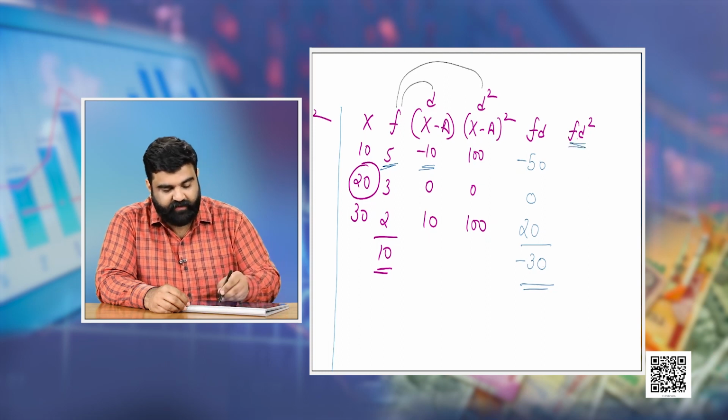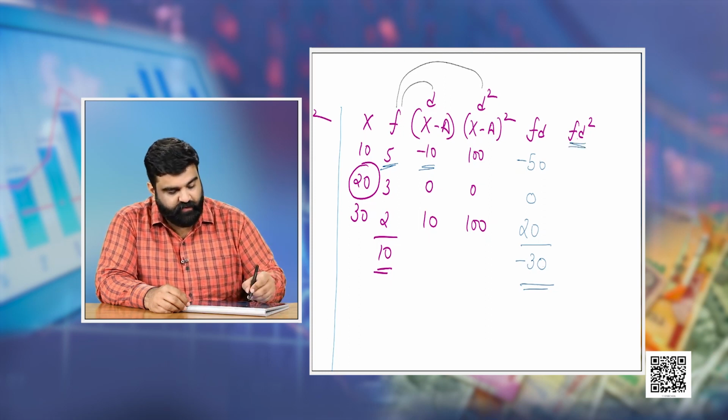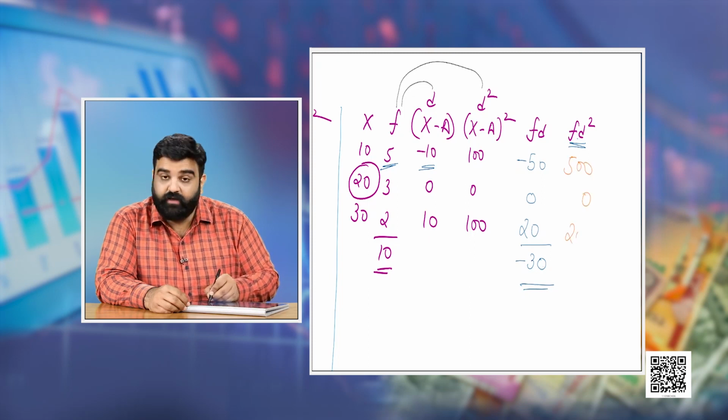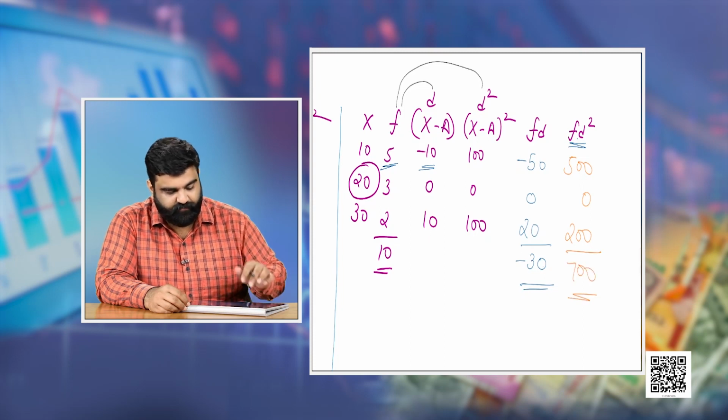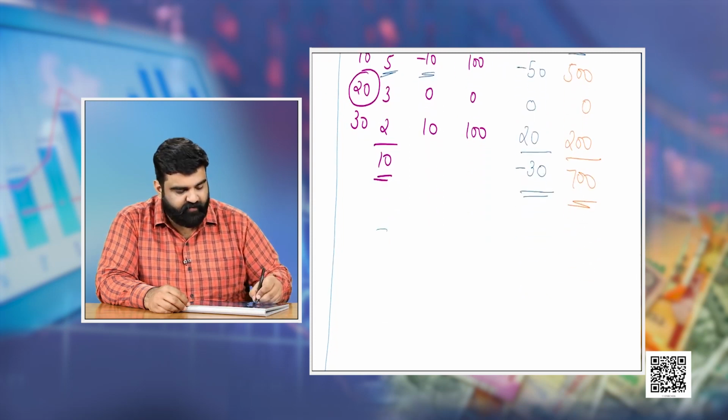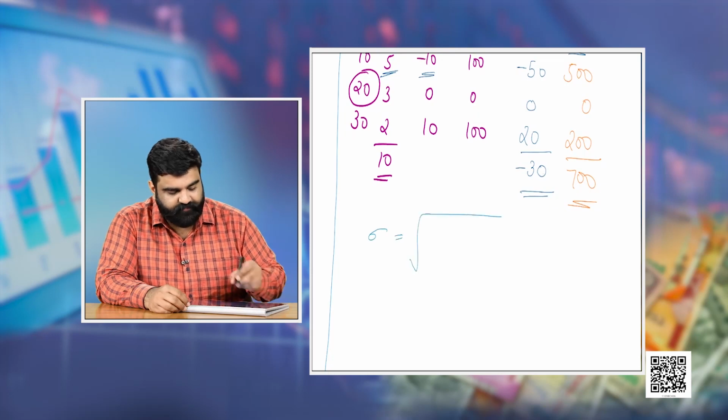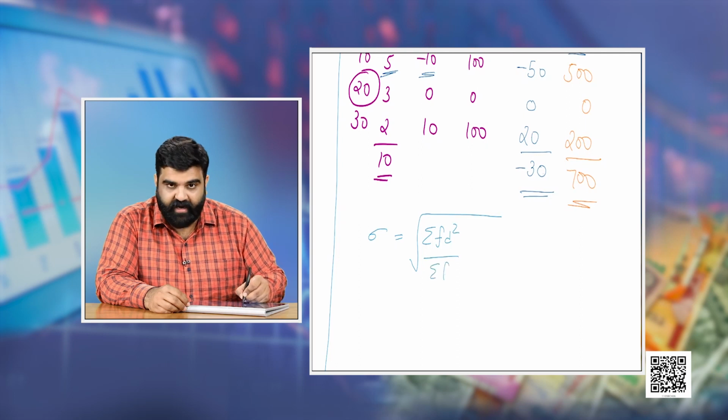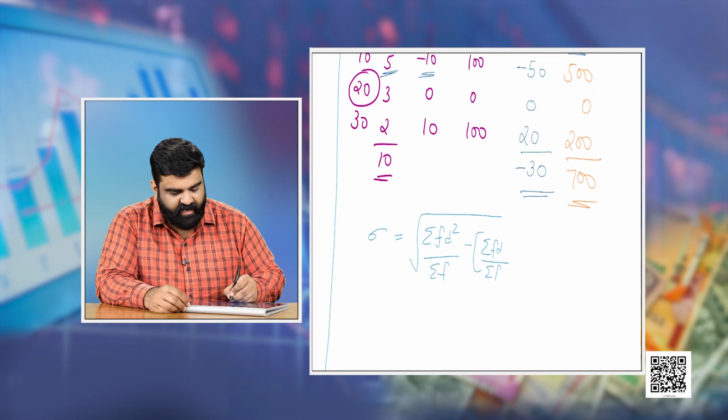Now, I have to calculate fd square, which is 500, 0 and 200. So, the total to this will be 700. Now, let us calculate the value of standard deviation. So, the formula is sigma f d square by sigma f minus sigma f d by sigma f the whole square.